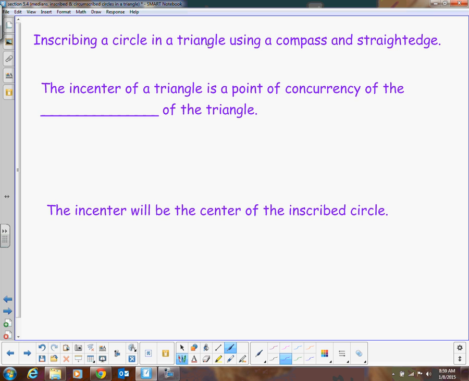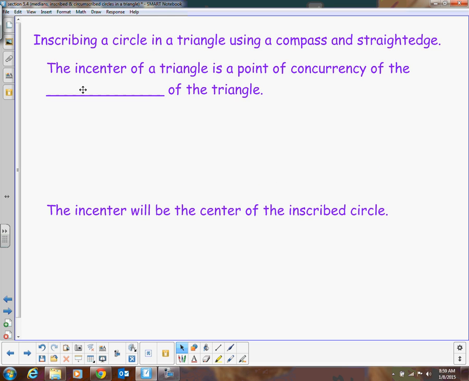So, inscribing a circle in a triangle using compass and straight edge. Hopefully you have your equipment at this point in time. The incenter of a triangle is a point of concurrency of the angle bisectors of the triangle.